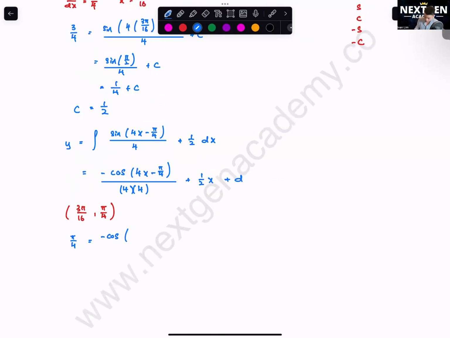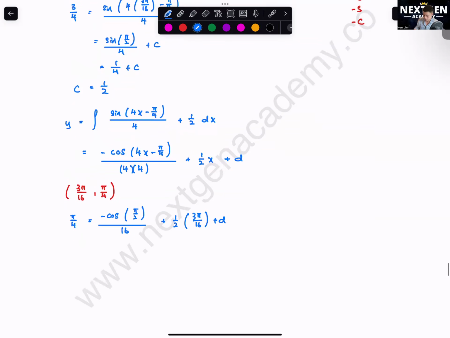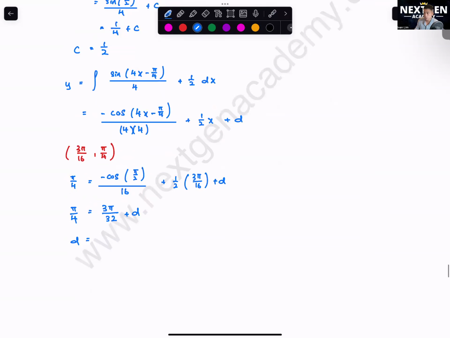So let's just write pi over 2 over 16 plus 1 over 2, 3 pi over 16 plus d. We simplify this entire thing. This one will be 0. Then we will have here 3 pi over 32 plus d equals pi over 4. D, you bring 3 pi over 32 to the left-hand side to minus it off. You'll end up with 5 pi over 32.